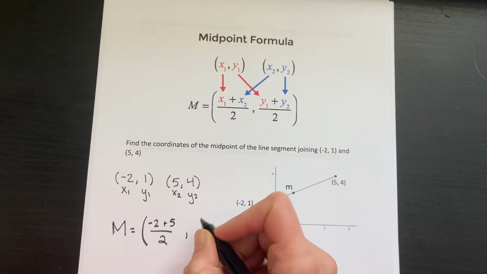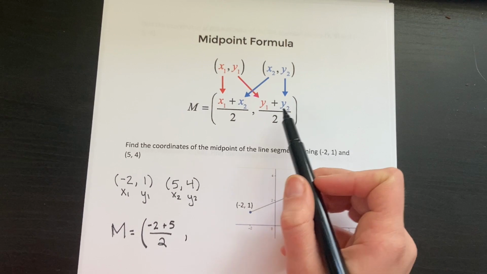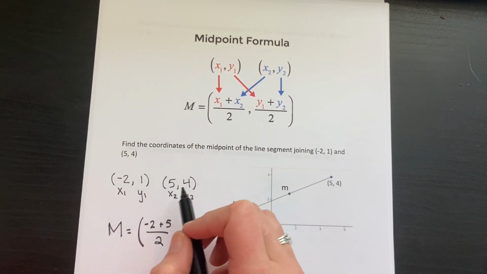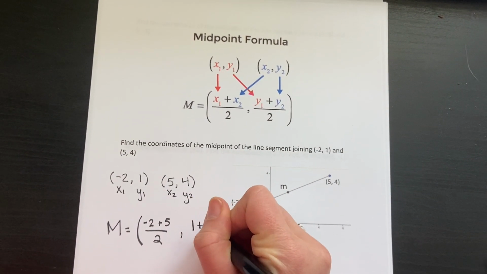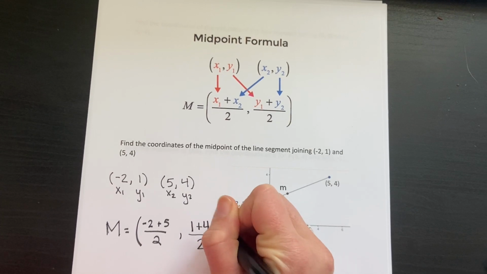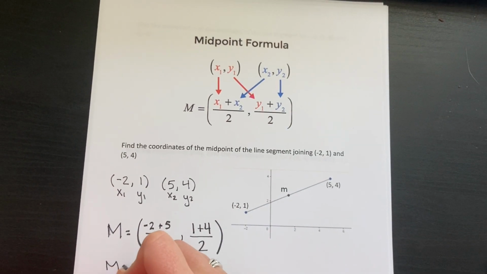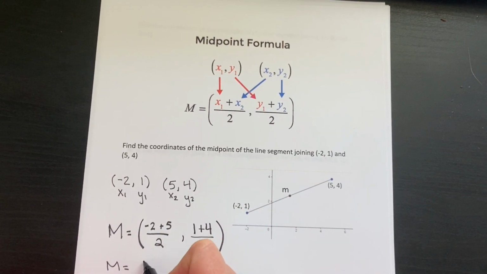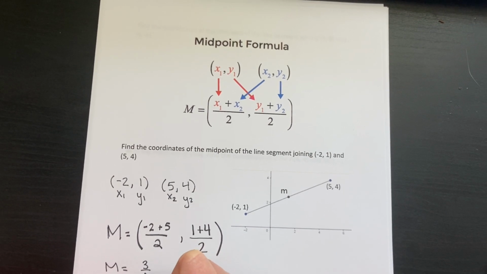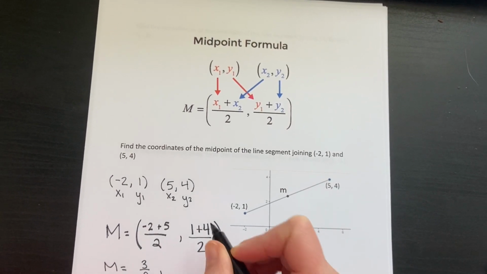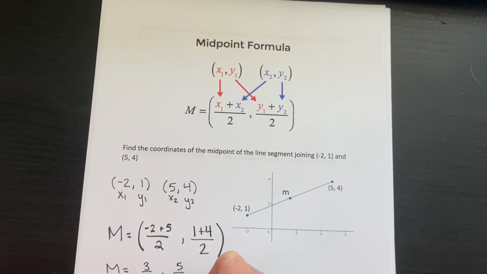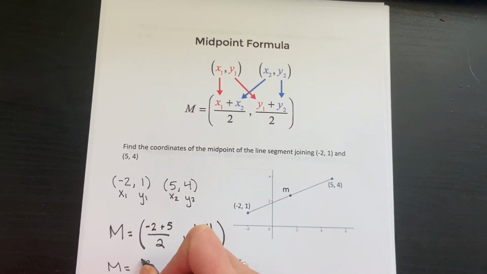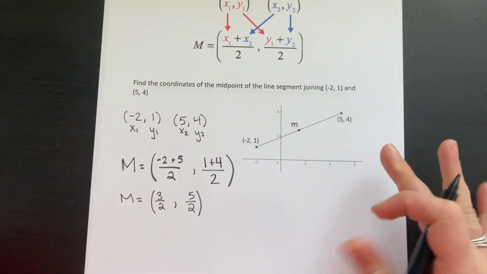And our y coordinate is going to be our y1 and our y2 added together. So 1 plus 4 divided by 2. So that means that our midpoint is going to be 3/2, comma, 5/2.